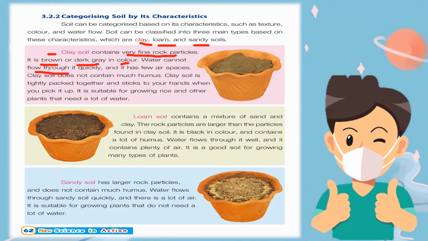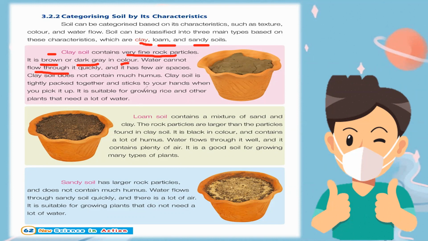Water cannot flow through quickly and it has few air spaces. Clay soil does not contain much humus. Clay soil is tightly packed together and sticks to your hand when you pick it up. It is suitable for growing rice and other plants that need a lot of water.